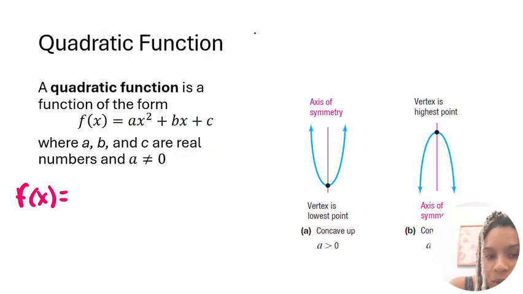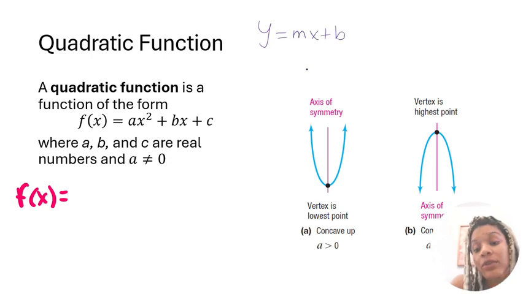Somewhere back in the days when you were in Algebra 1, you were introduced to y equals mx plus b, right? So whenever you needed to graph a linear function, the best was to have it in y equals mx plus b, because when it's in this form, you're able to see that the m is your slope and that the b is your y-intercept, right?